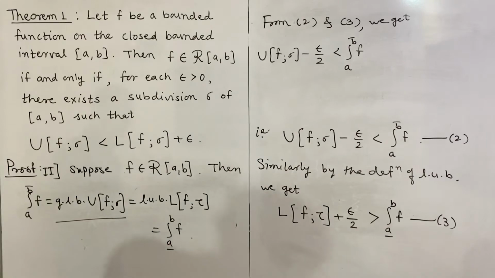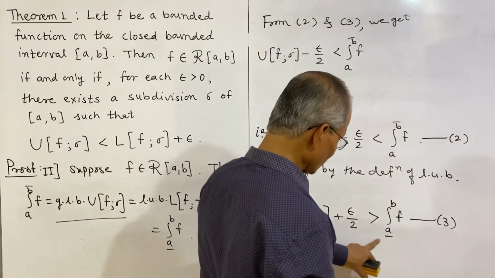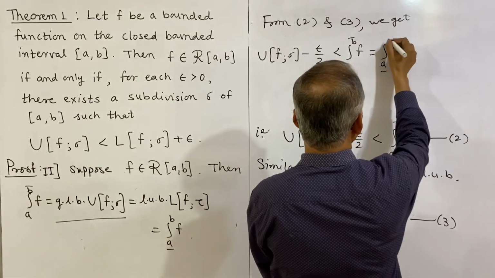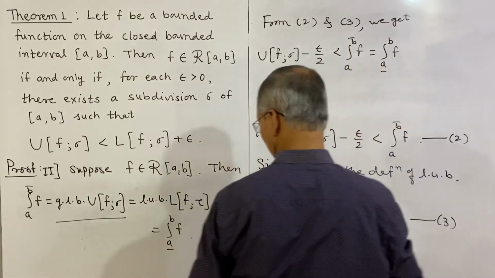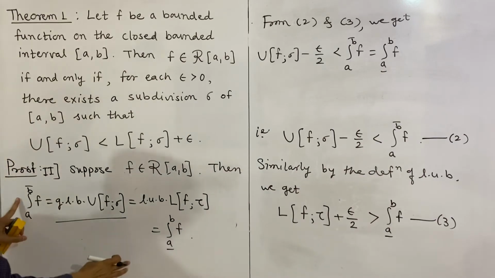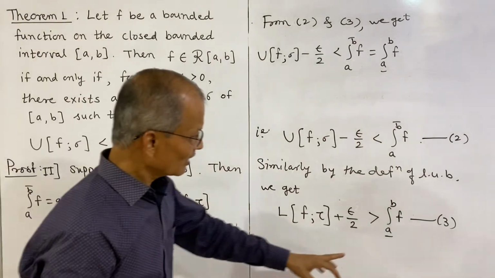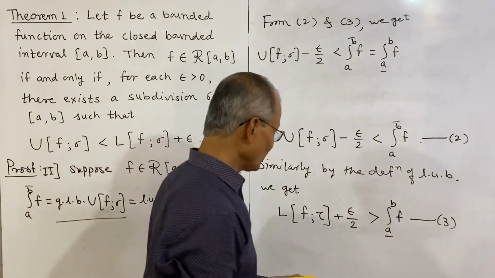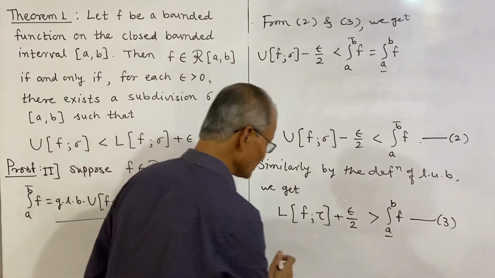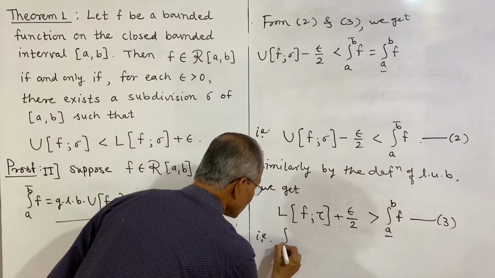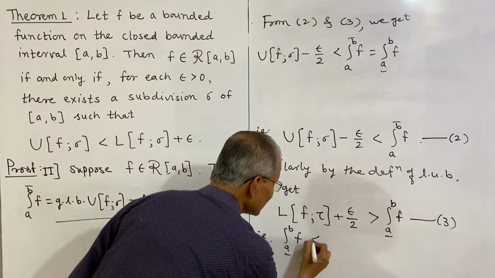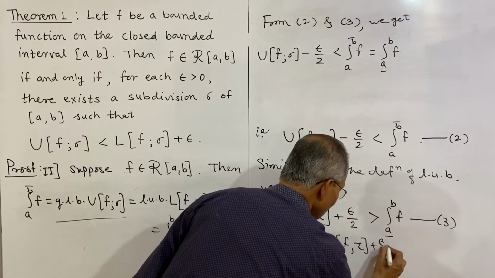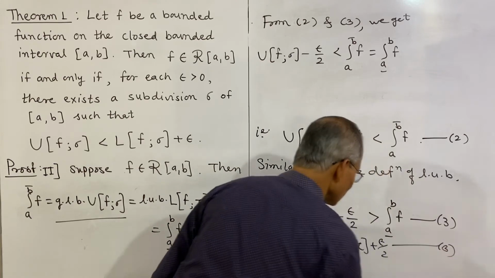And again the upper integral is equal to the lower integral of f, and this quantity is greater than that lower integral. So therefore this can be reversed, that is, the lower integral of f is less than the lower sum of f on tau plus epsilon by 2, and this may be taken as 3.